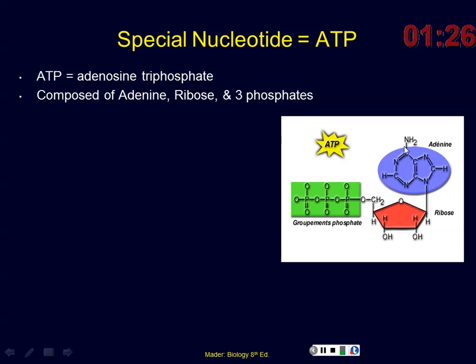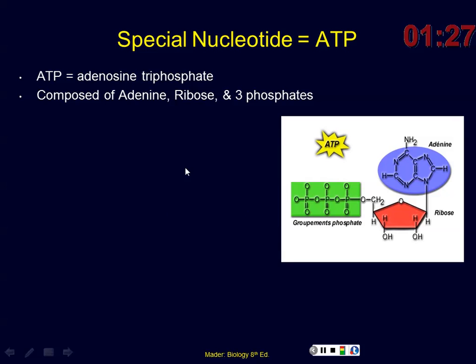It is made of an adenine, ribose, which is the 5-carbon sugar, and instead of having one phosphate, it has 3 phosphates. That's why it's called triphosphate. So it's adenosine triphosphate. Adenine, ribose, and 3 phosphates.